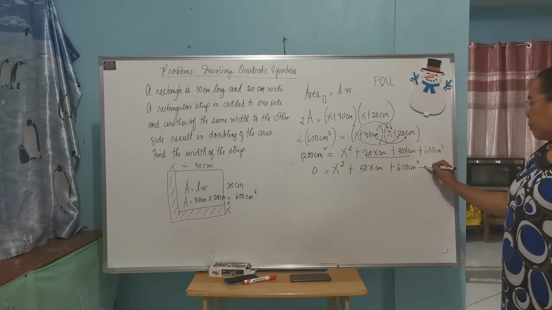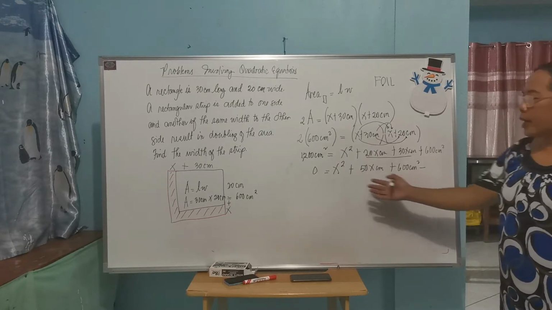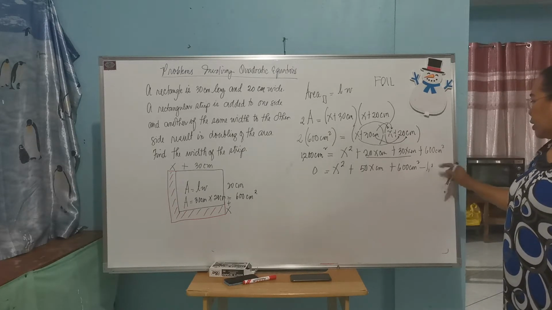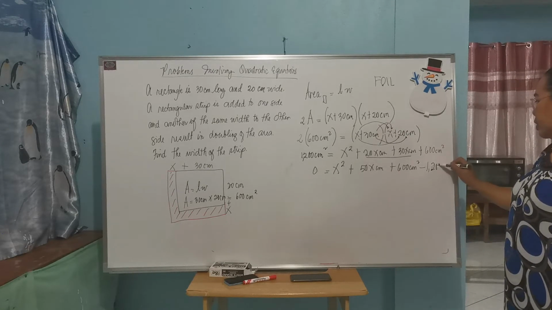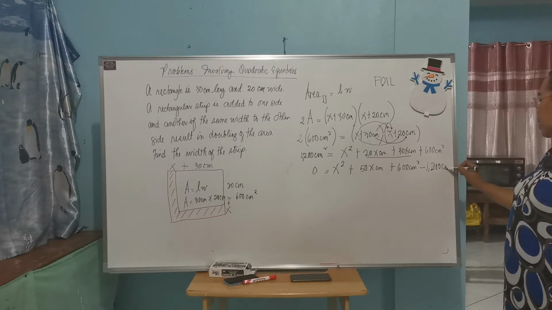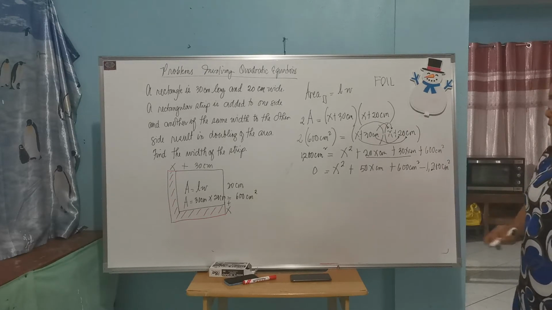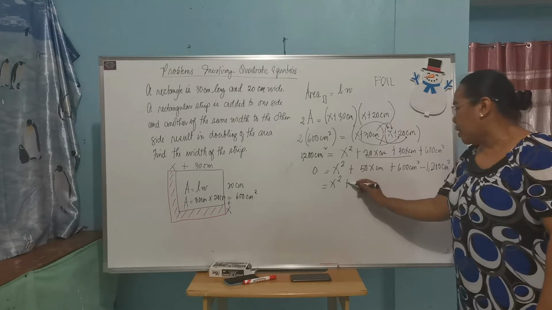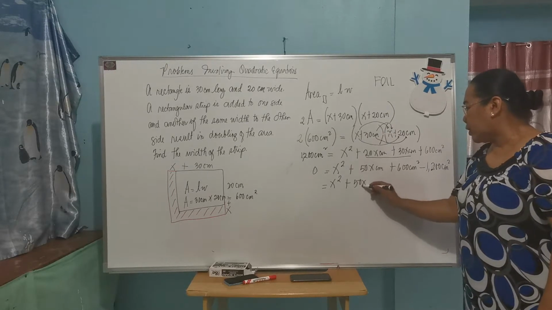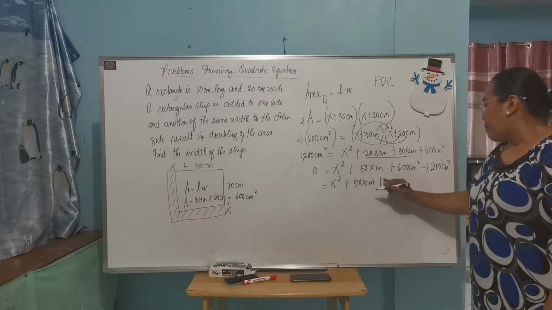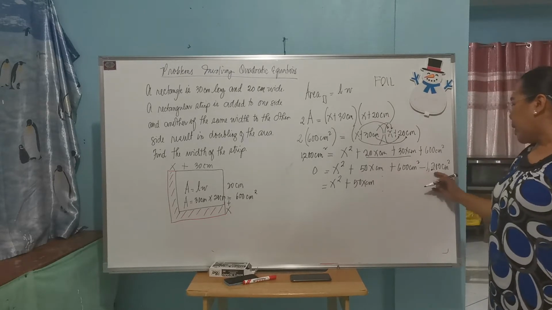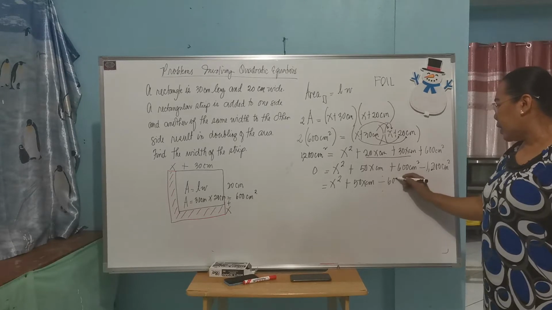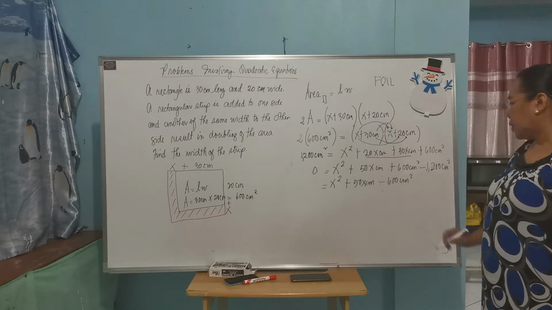Since we subtracted 1,200 from one side, giving us 0 here, it would also be subtracted on the other side. So minus 1,200 centimeters square. So therefore, we have now x squared plus 50x centimeters. What is 600 minus 1,200? So this would become negative 600 centimeters square.